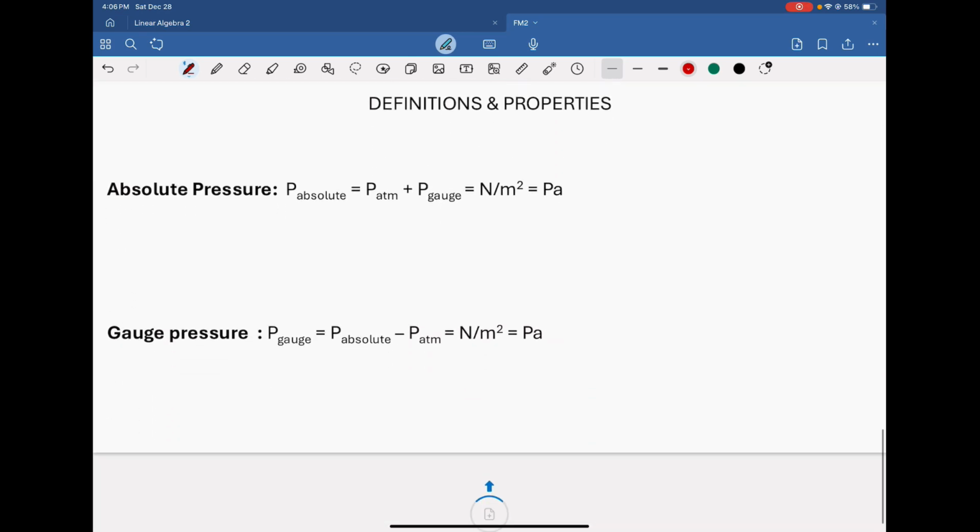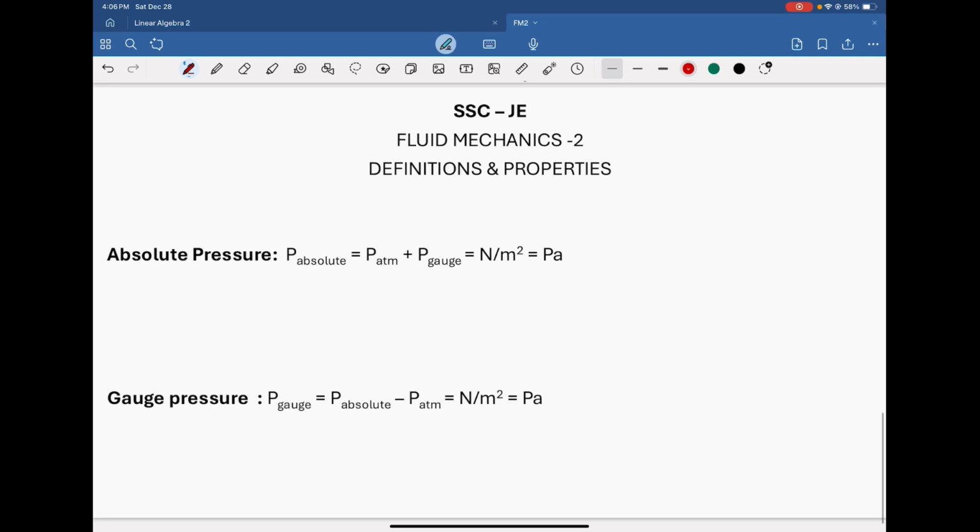That is your homework. Now we will go to the most important property called pressure. Pressure is equal to, as we have already defined, normal force by area of cross section, that is equal to dF by dA normal, that is Newton per meter square, that is Pascal.